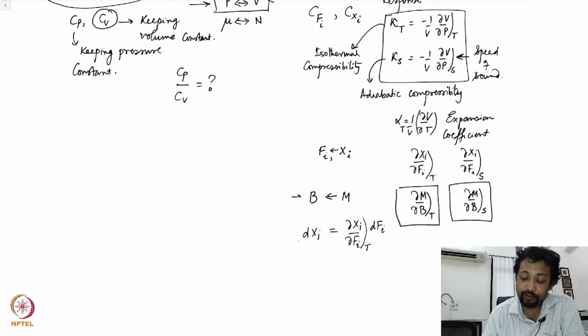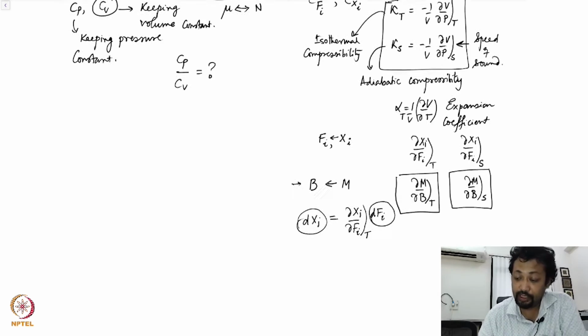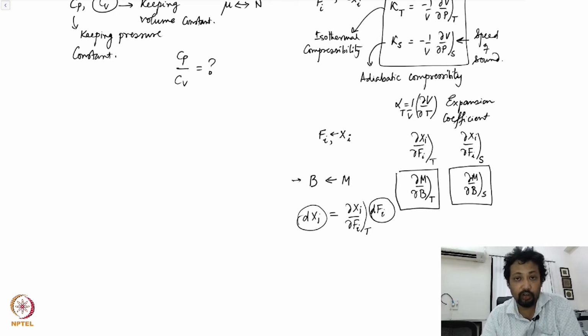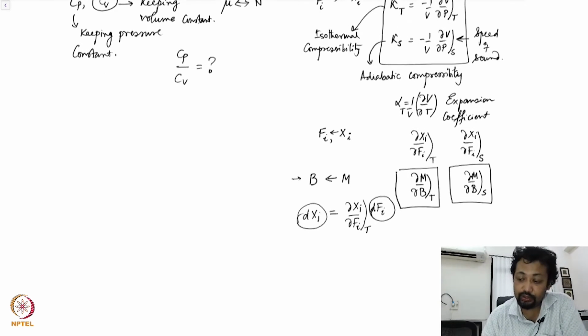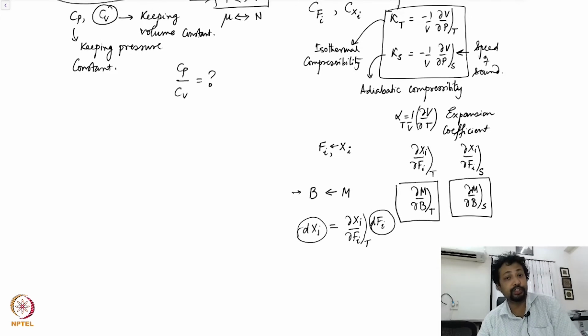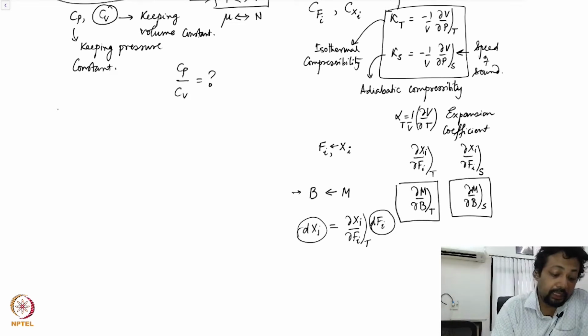So this is how your thermodynamic coordinate should change if you change your thermodynamic forces. So you see, partial derivatives are all around in thermodynamics, and one needs to know how to manipulate such derivatives. Jacobians are of course a very good way of doing that.